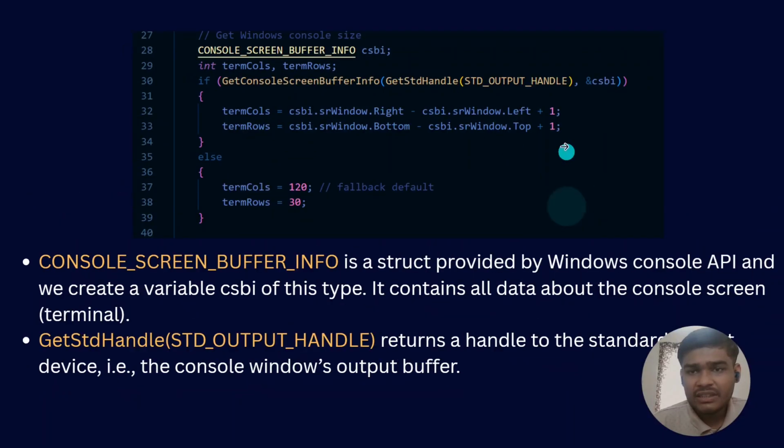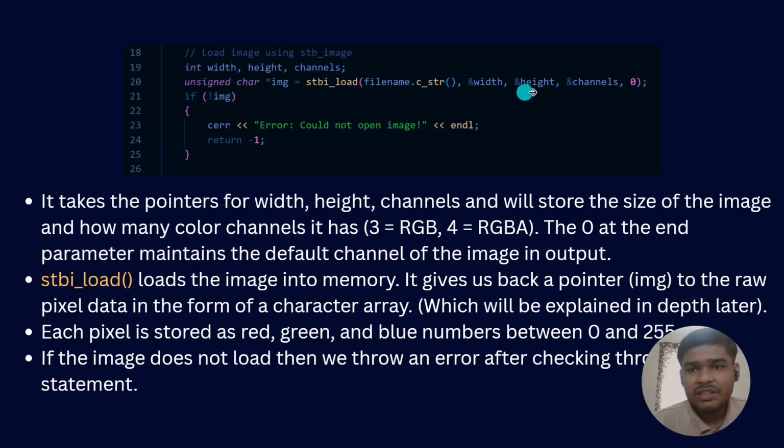And here you can see we have given 0 at the end as a parameter. What this 0 does is it tells the STB image library that we want the output image in the original format. We don't want to change it. This library also supports that if we have a colorful image, we can change it into a grayscale image or some different format.